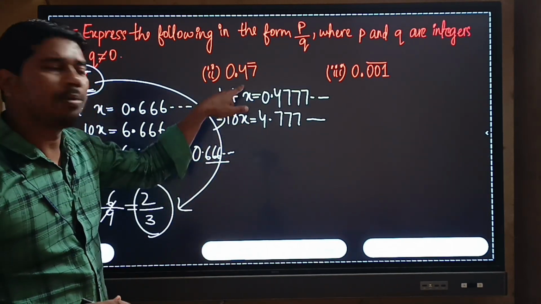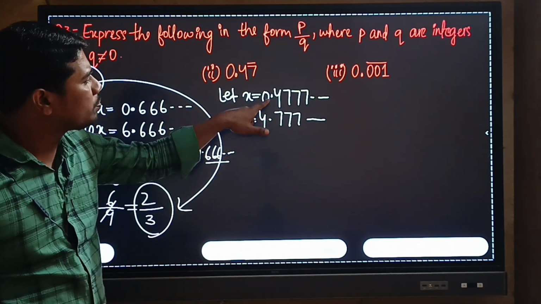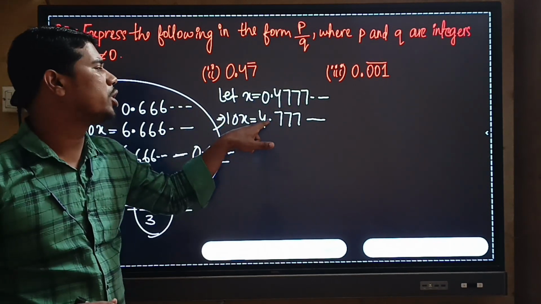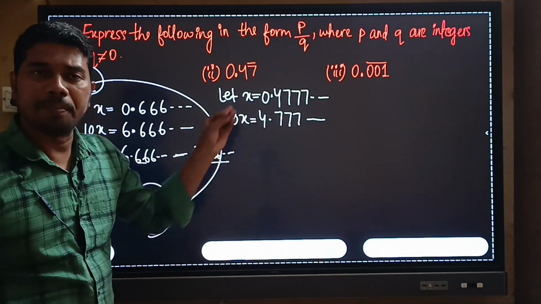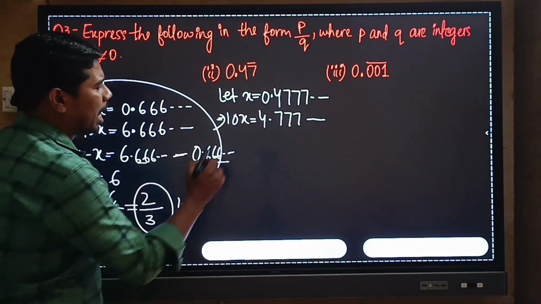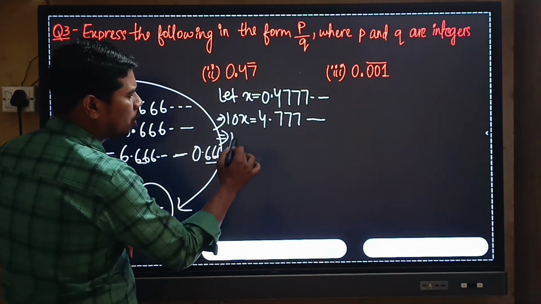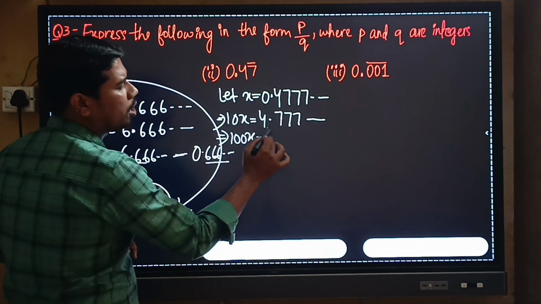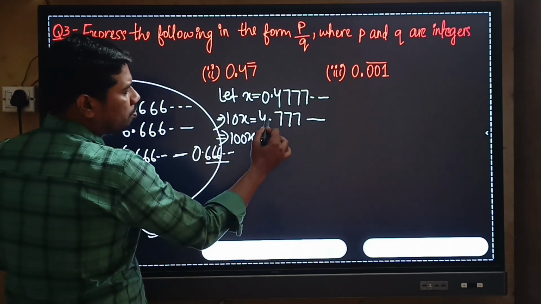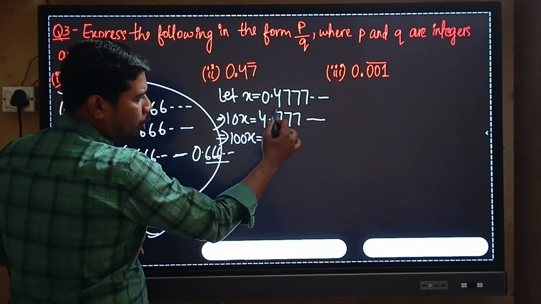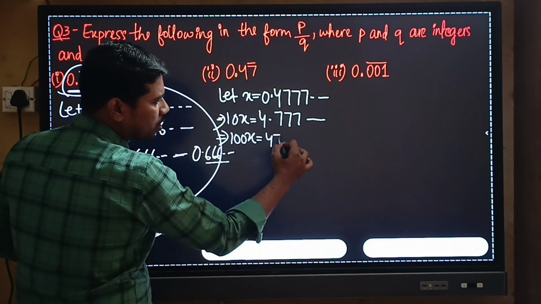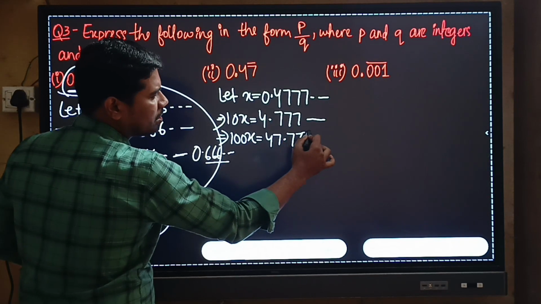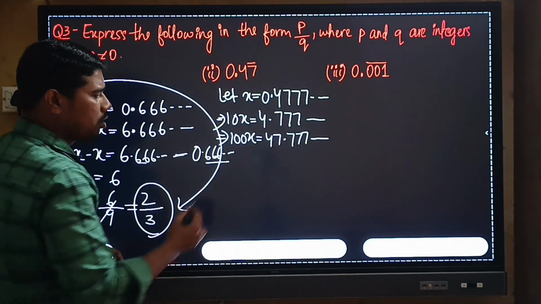If you subtract 10x minus x, here is the point after 4777, here is the point after 777. So we should face some difficulties. So let us write another number. After 10x, 100x. 100x equals, again the point changes to the right side, so it becomes 47.777.